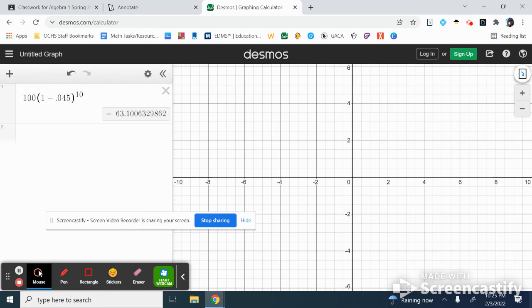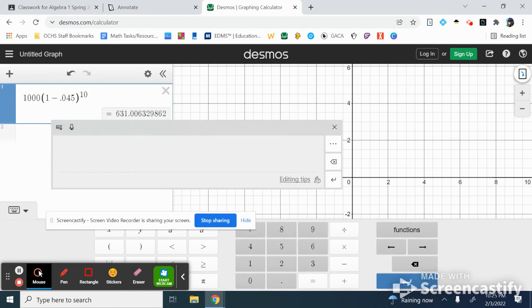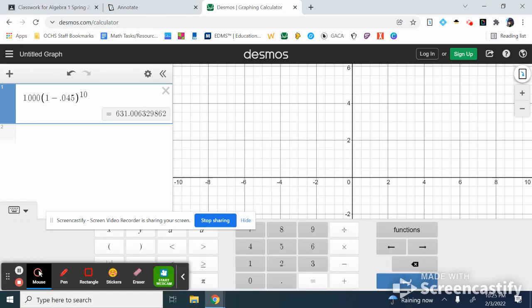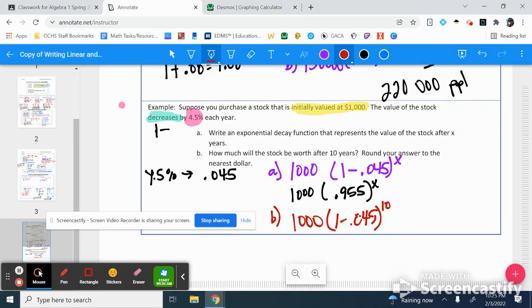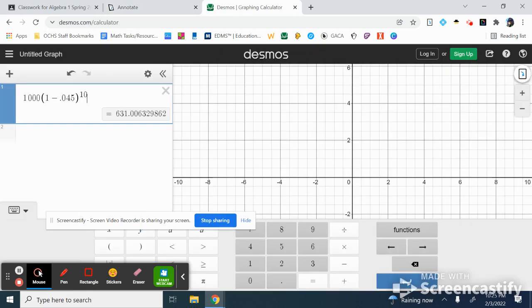And you can see here as I plug this into Desmos, I'm actually missing one piece here. I had 100 instead of 1,000. So when I plug this in, my answer becomes $631.00 or 0.006329. So really, $630.00.